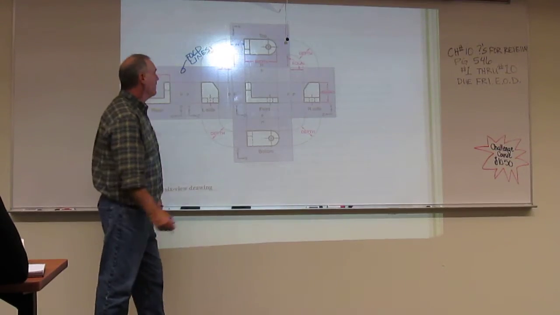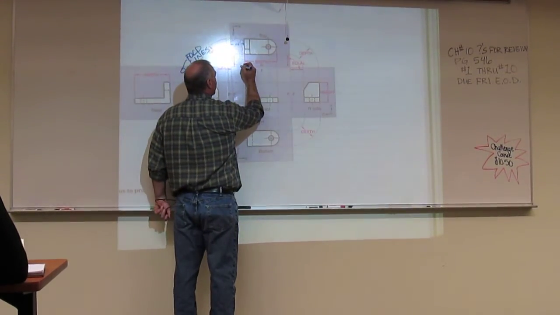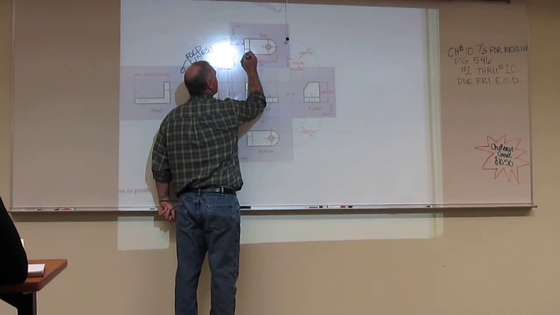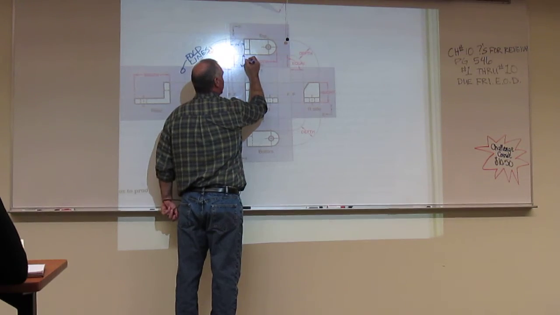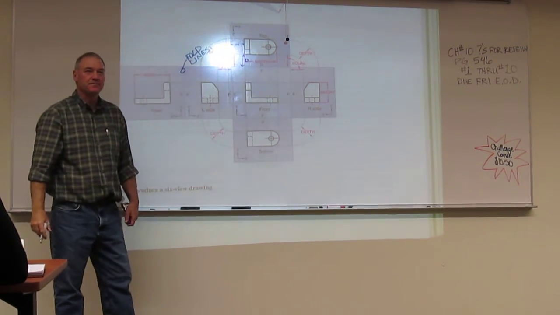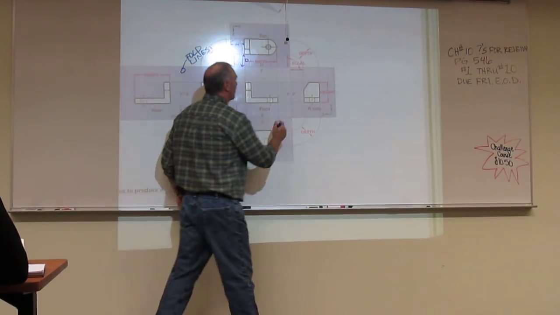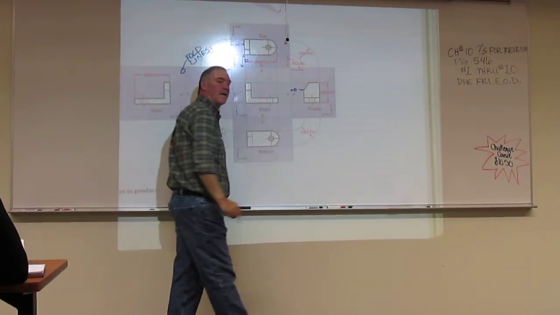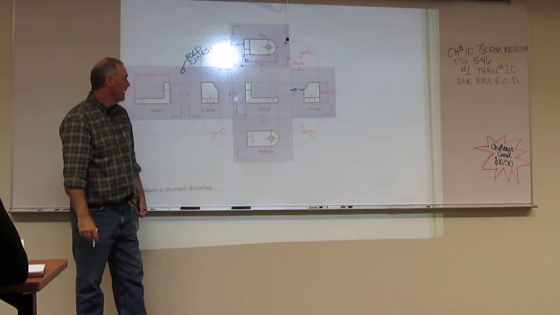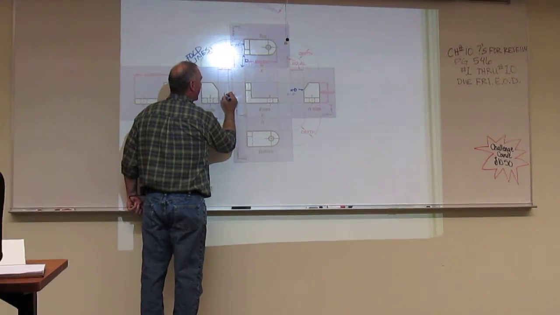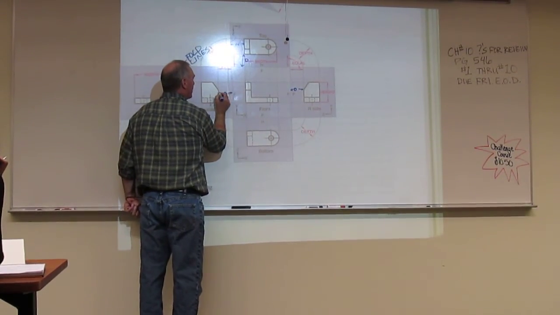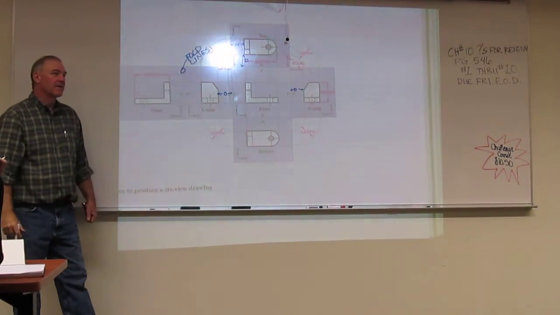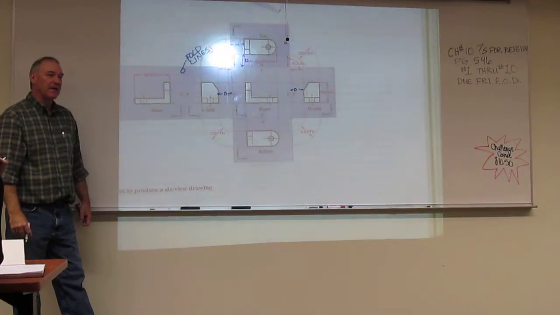No. But if I take it from here and measure this way to that object, that's my depth, from that edge. Well, that's also the same dimension as this one, from that edge to there. It's also the same dimension right here. They're all identical since we line everything up.